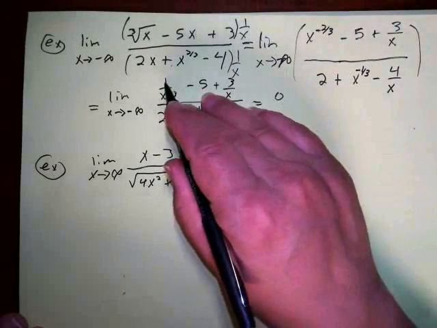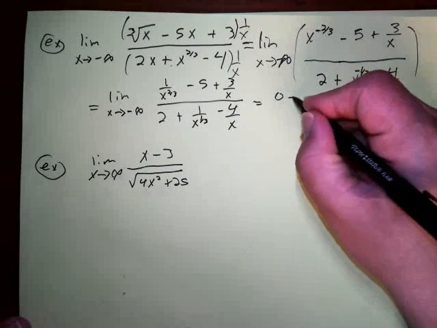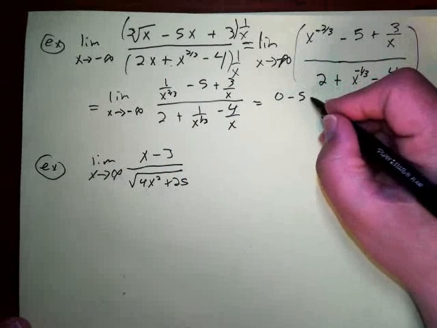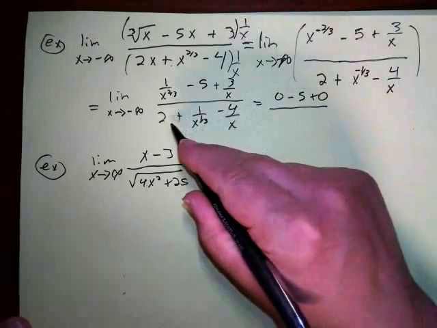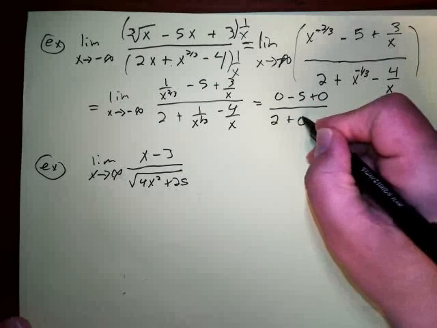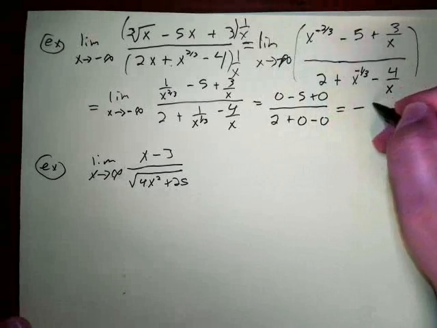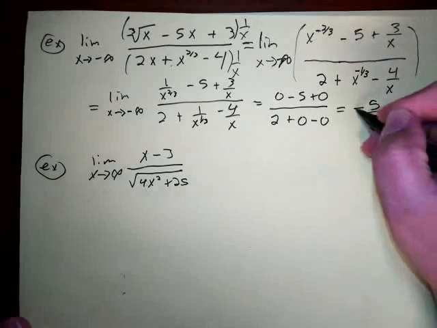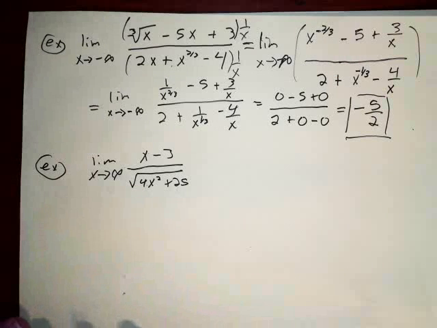Not as fast as 1 over x, but it'll still keep increasing. And then we got minus 5, and then this would go to 0. And this would go to 2. This would be 0. And this would go to 0. And so we'd have negative 5/2. And that would be the limit for that one.